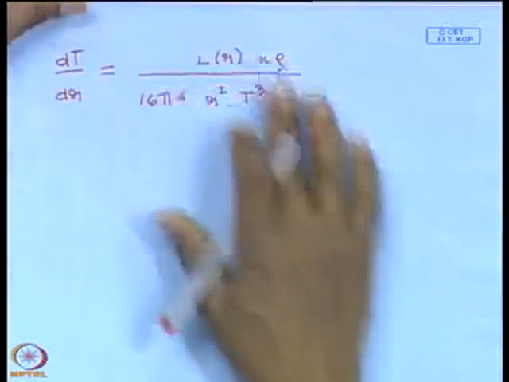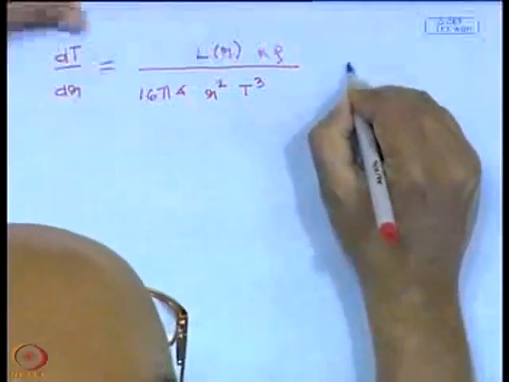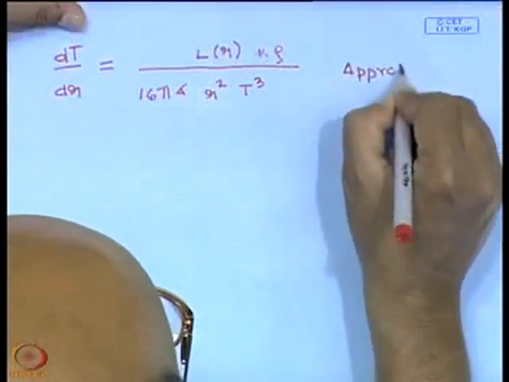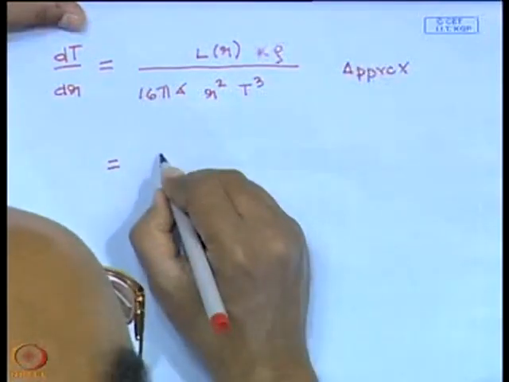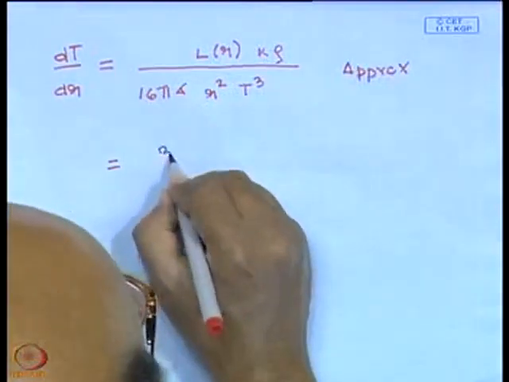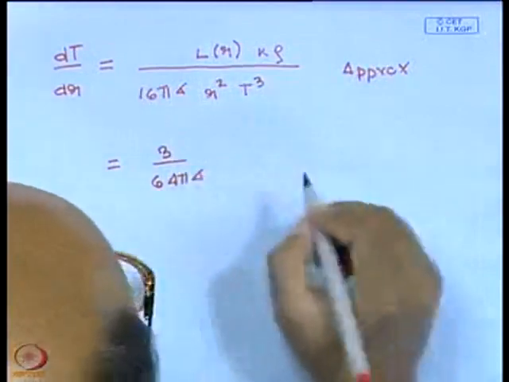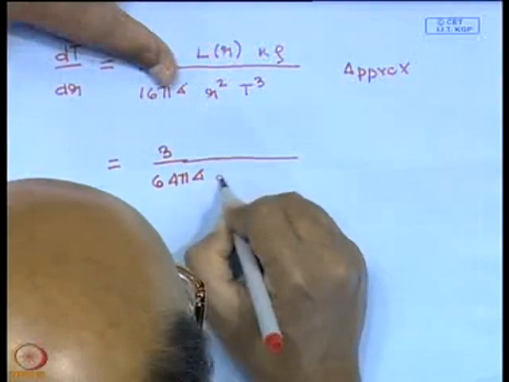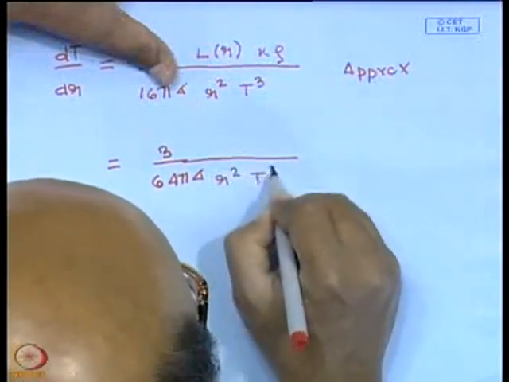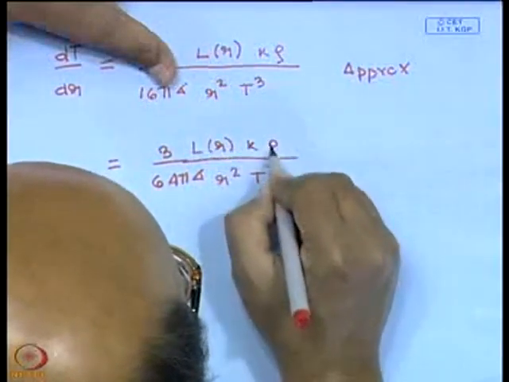This is an approximate formula that we have derived. Our calculation here has been rather approximate. If you do a more detailed, exact calculation, what you get, instead of 1 by 16, you get 3 by 64 pi sigma, r square T cube, L r kappa rho.